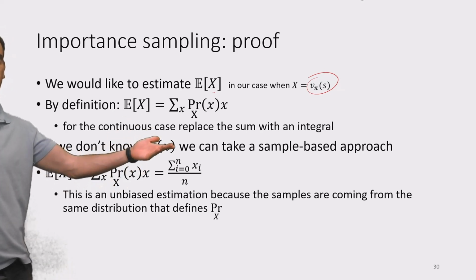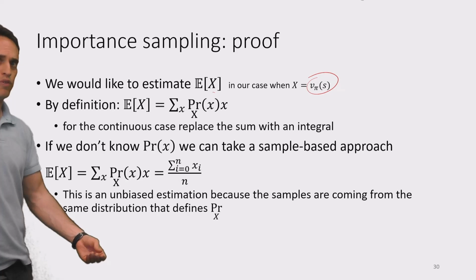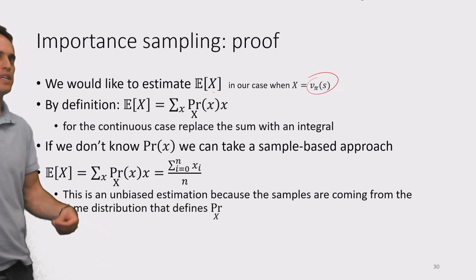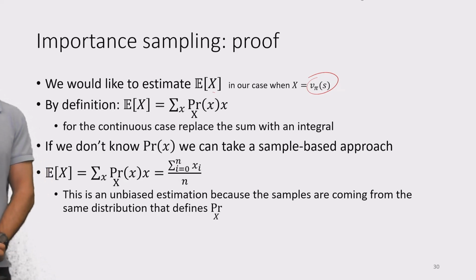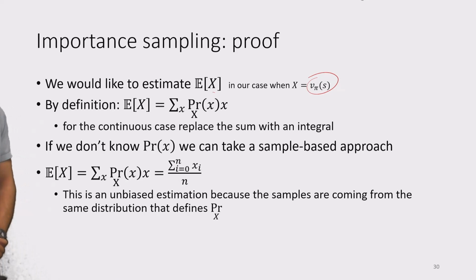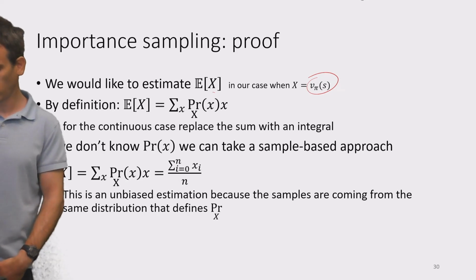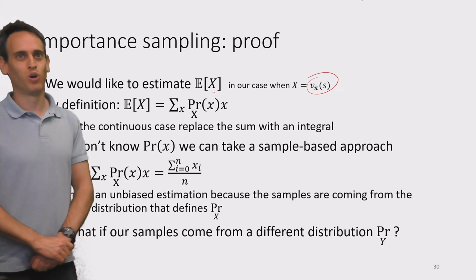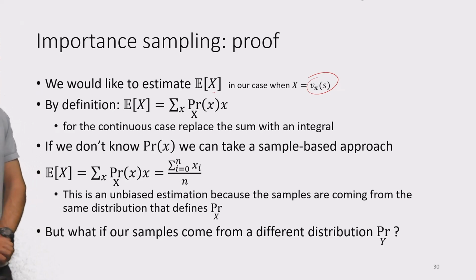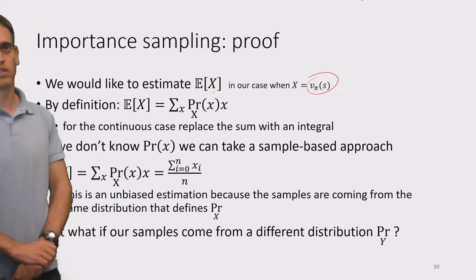At infinity it will be the same, but even for a single sample, it is an unbiased estimation. Okay? So this is an unbiased estimation because the samples are coming from the same distribution that defines the probability of any outcome for x. Okay, but now the interesting question would be, what if our samples come from a different distribution, right? A distribution y.